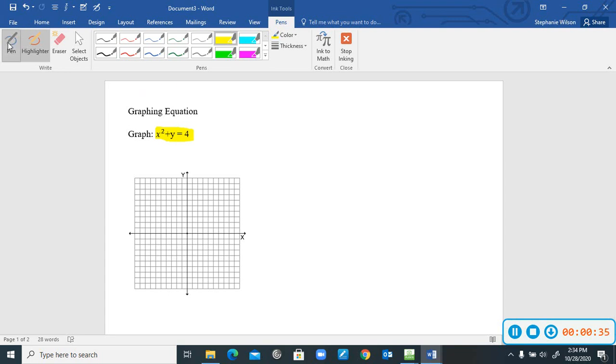In order to graph this without using a graphing calculator to figure it out, what we would want to do is create an XY table. And all that you need is 2 order pairs to graph a line, but since it's not a linear equation, right? They're not both to the first degree. We're going to need more than 2 order pairs.